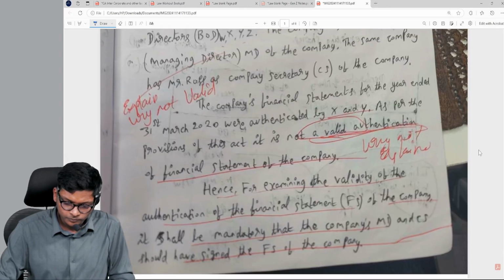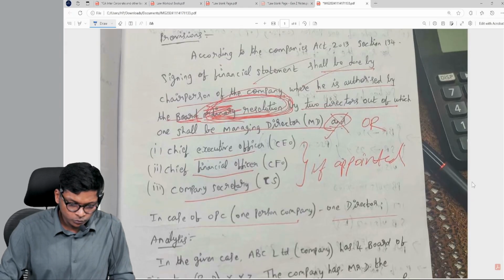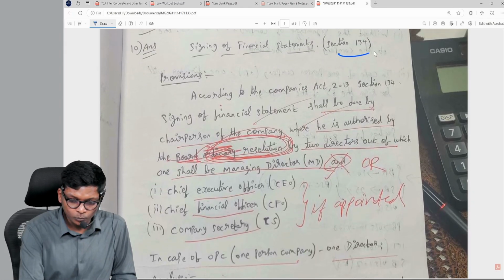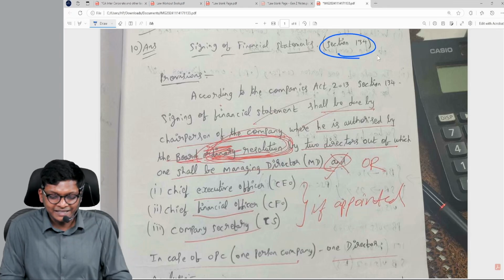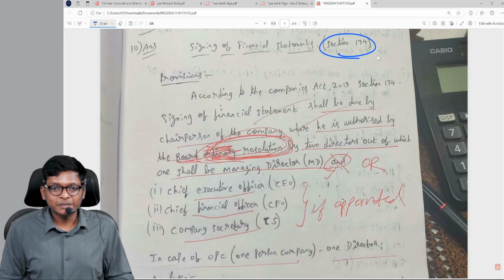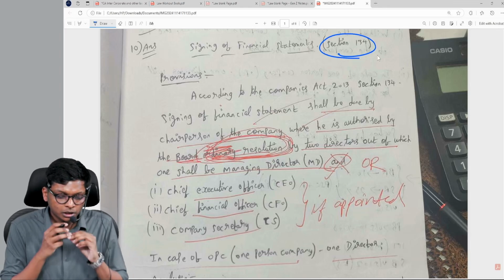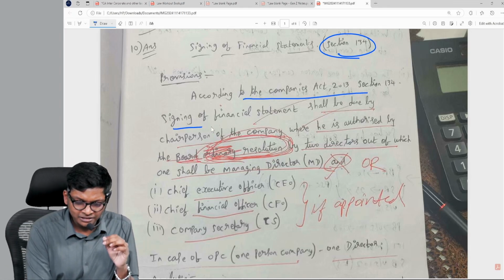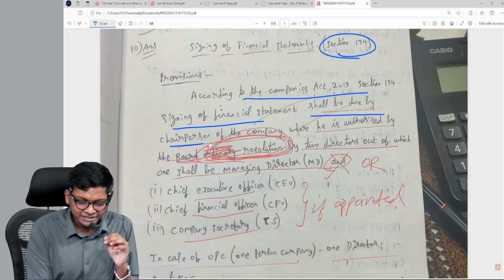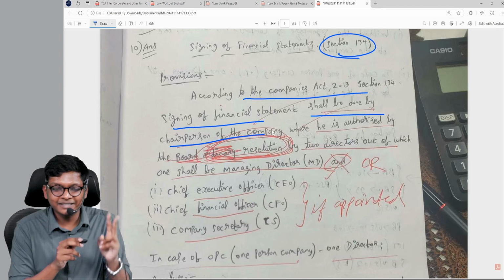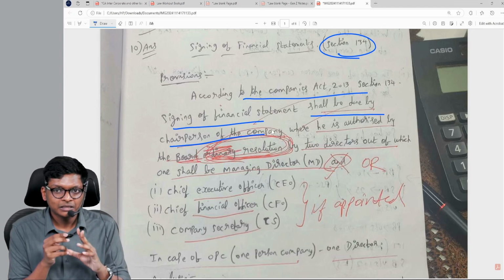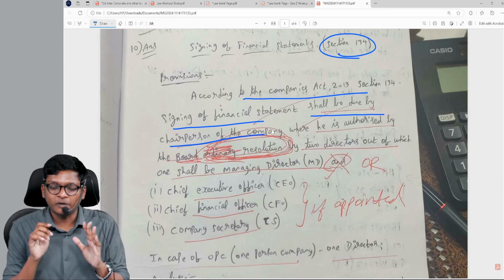Okay. Next, look at this. This is one more. Section 134, which talks about signing of financial statements and the board report. According to the Companies Act, signing of financial statements shall be done by the chairperson of the company, otherwise by 2 directors, and the CEO, CFO, CS if appointed.